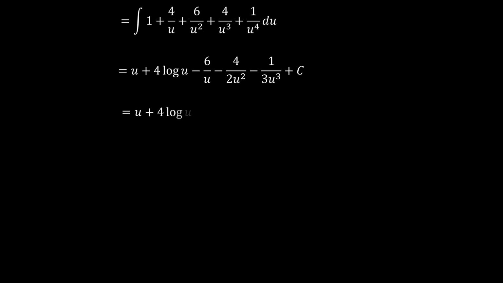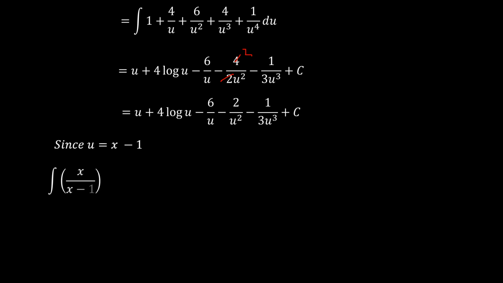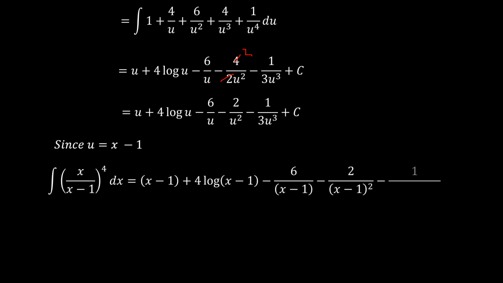Now we simplify the numerators, and since we know that u is equal to x minus 1, we substitute in x minus 1 where we see u, plus obviously c, which is our integration constant.